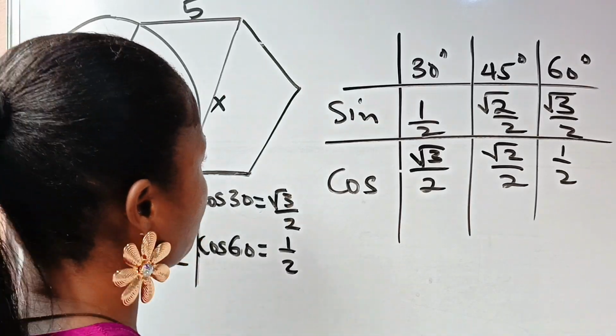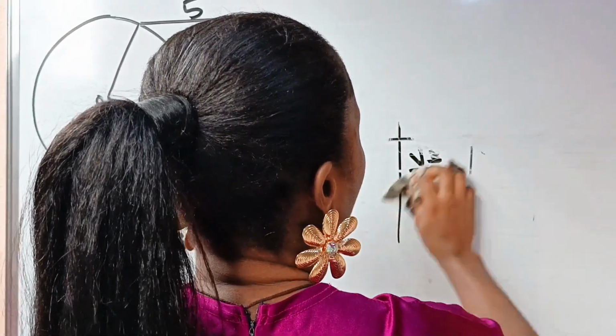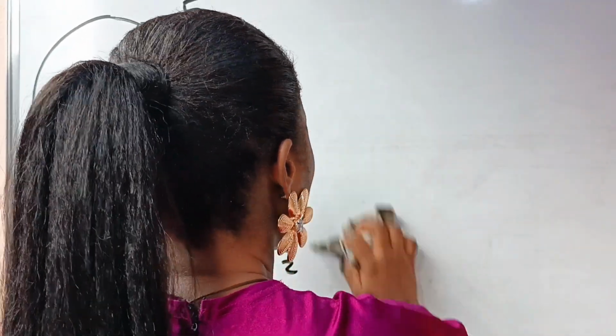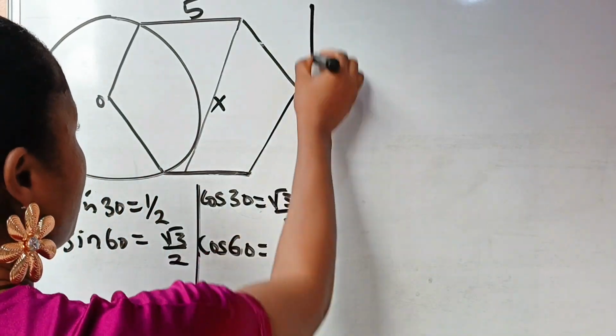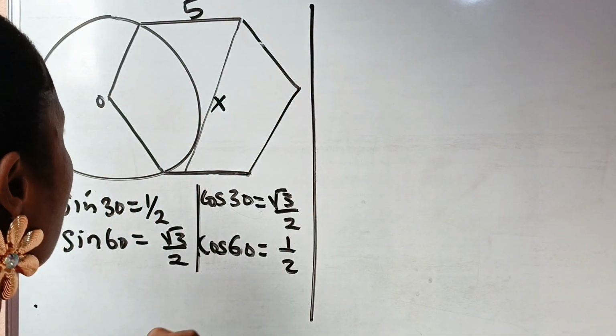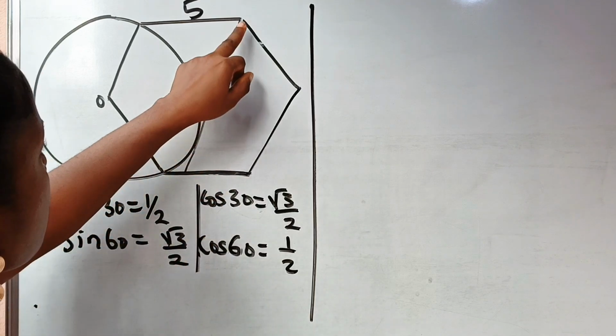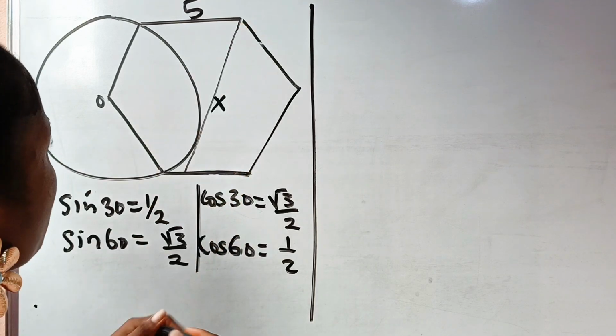All right, now look at what we have on the board. It's going to be a long ride, so let us watch to the end. First of all, let us draw this diagonal from here to here.